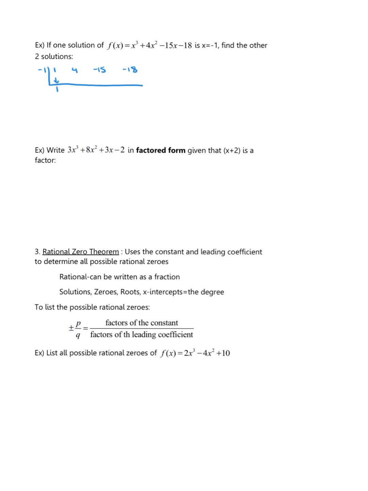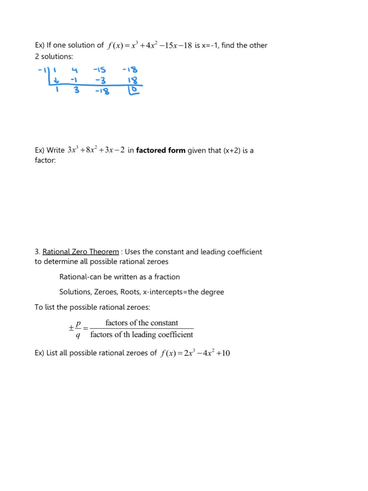So bring down the 1, multiply negative 1 times 1 is negative 1, plus 4 is 3. 3 times negative 1 plus negative 15. Negative 1 times negative 18 is positive 18 is 0.